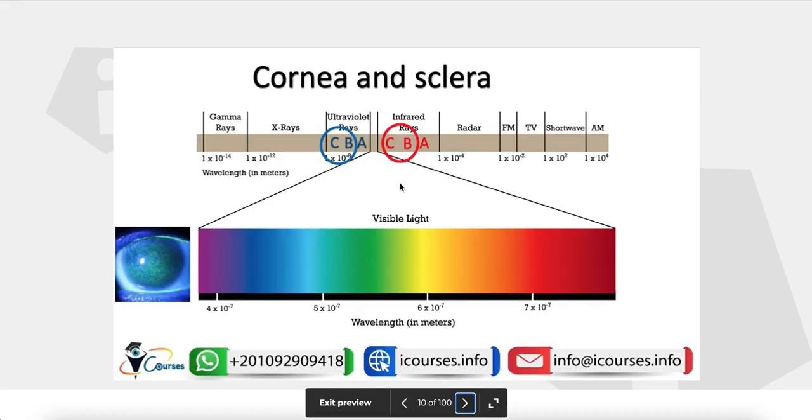There are different absorbing or blocking characteristics of the ocular tissue to different waves of the visible and invisible spectrum. For example, the ultraviolet rays C and B and the infrared rays are absorbed by the cornea and sclera. When ultraviolet rays are absorbed by the cornea, they can cause the famous clinical picture of photophthalmic keratitis.